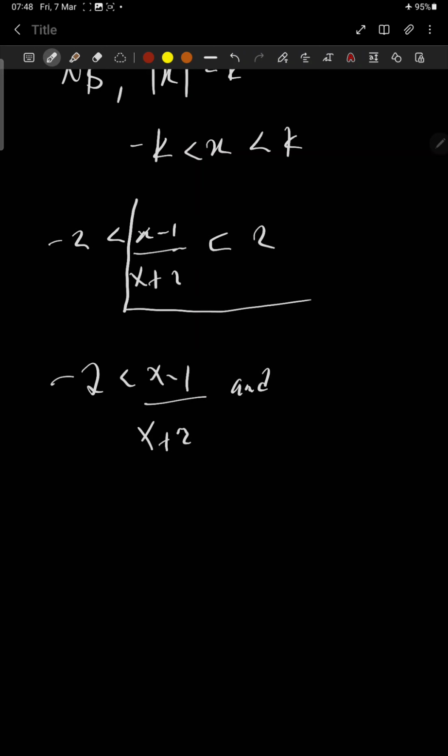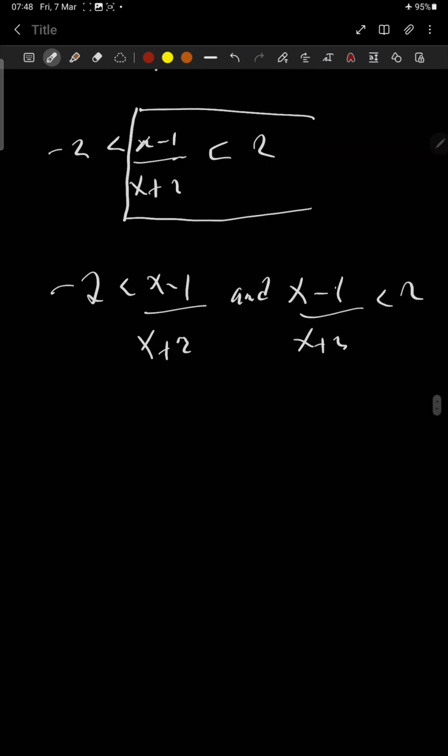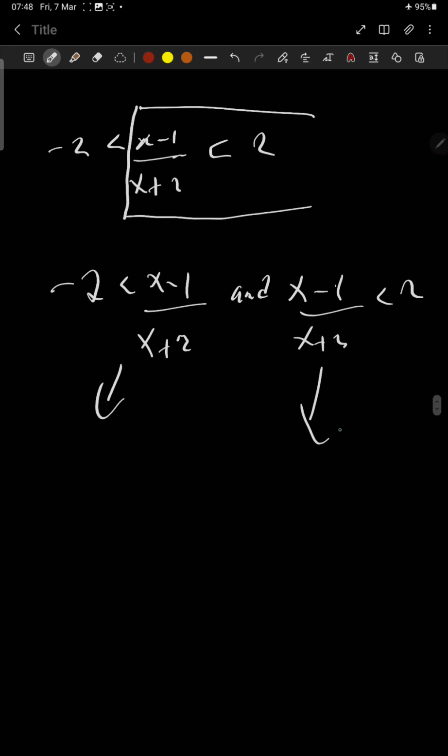This one here. Now, 'and' means intersection, in case you don't know. So I'll answer this one alone and also this one alone, and I'll put the answer as an intersection.